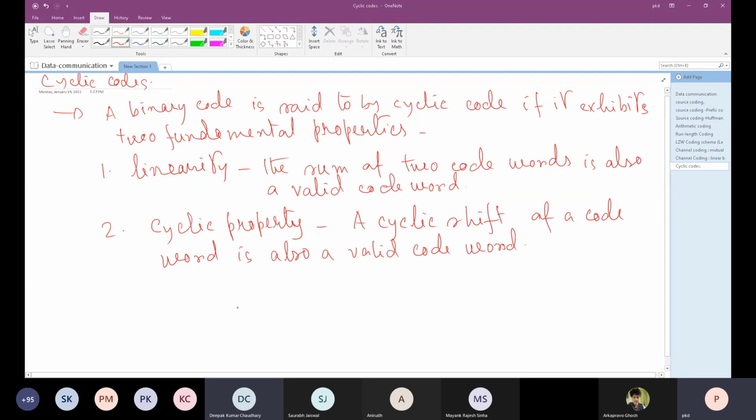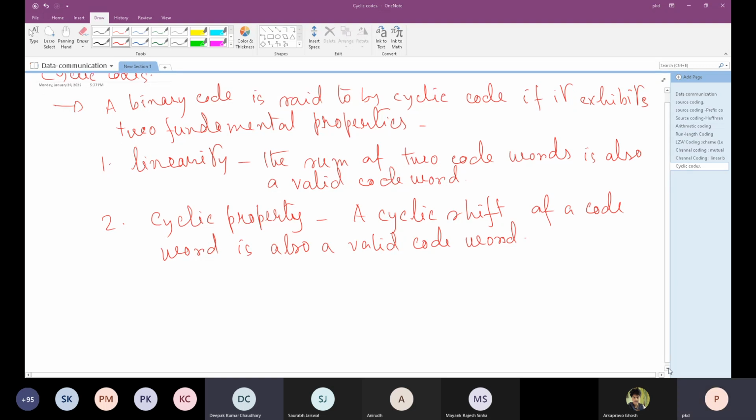So what is cyclic shift? Cyclic shift is like that. Suppose I have a valid code word x0, x1 up to xn minus 1.